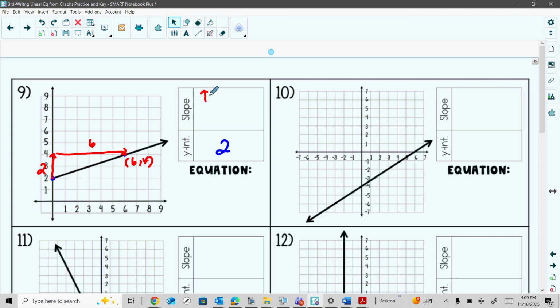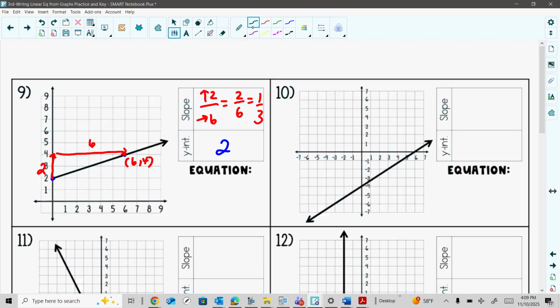So if I'm rising 2 and a run of 6, that's just 2 over 6, which can be reduced to 1/3. So that means the equation is y equals 1/3 x, and then my y-intercept is +2, so it's just +2.